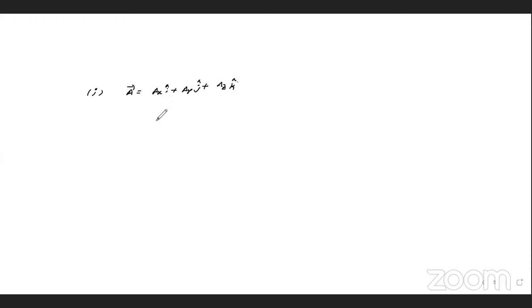Now if I want to find its magnitude, magnitude is nothing but your modulus. So modulus of a vector is equal to root of ax square plus ay square plus az square. This is your magnitude.